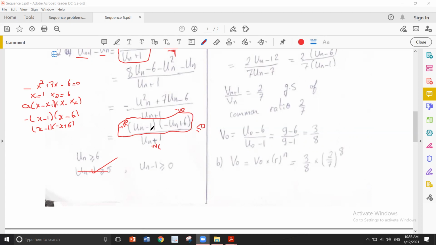If it is zero, it is not decreasing. If un plus 1 minus un is less than or equal to 0, then it is decreasing. For un more than 6 it will be negative.